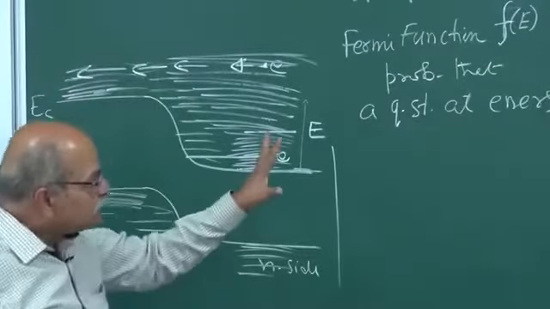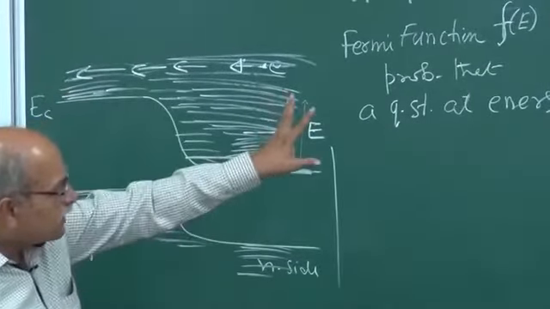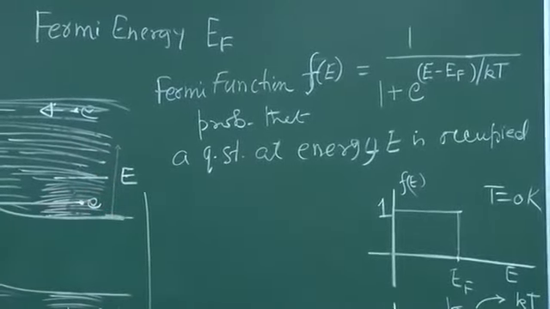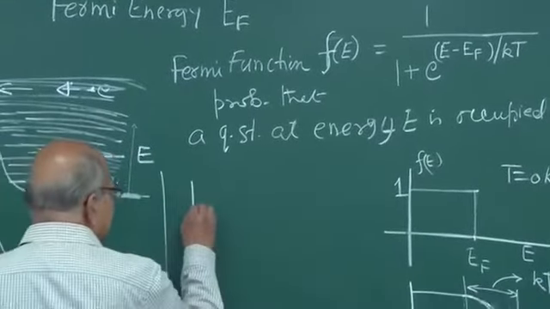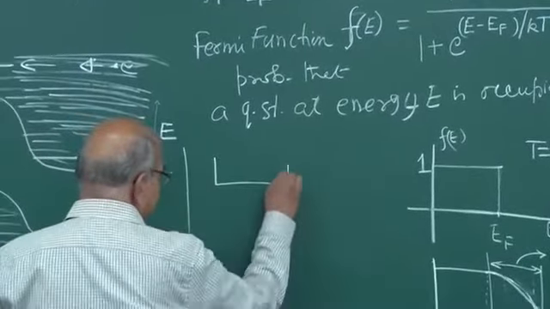Okay, so now let us use this function to get probabilities in an intrinsic semiconductor, a p-type semiconductor, and an n-type semiconductor. In an intrinsic semiconductor, you have a small number of electrons here only because of thermal excitation. Some electrons jump from there to there, and you have some holes here.